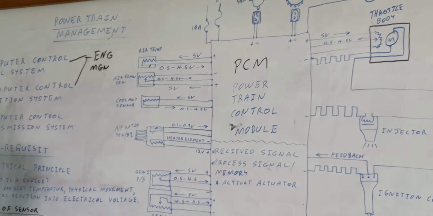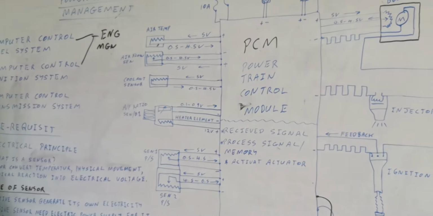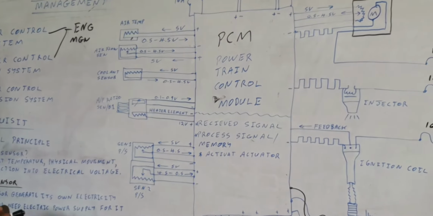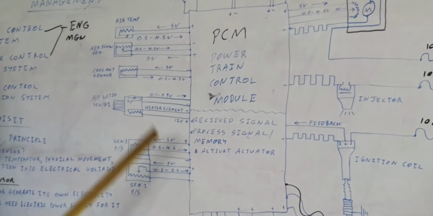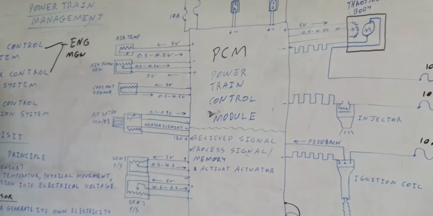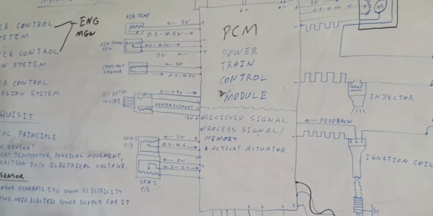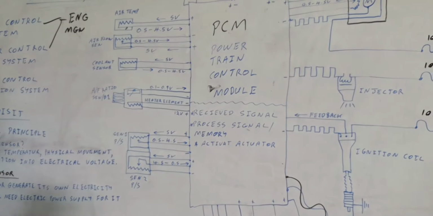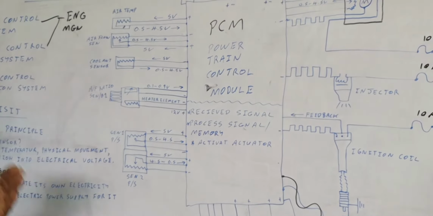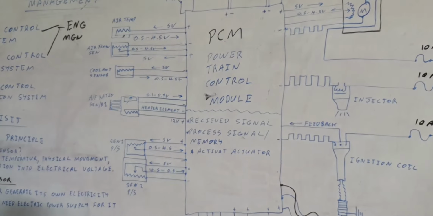So if you get an air temperature sensor code and you look at current live data, the scan tool will not show you the 5 volts coming out of the ECU. The only thing the scan tool shows you is the signal entering back. So if it's 0.5 to 4.5, therefore it is working.